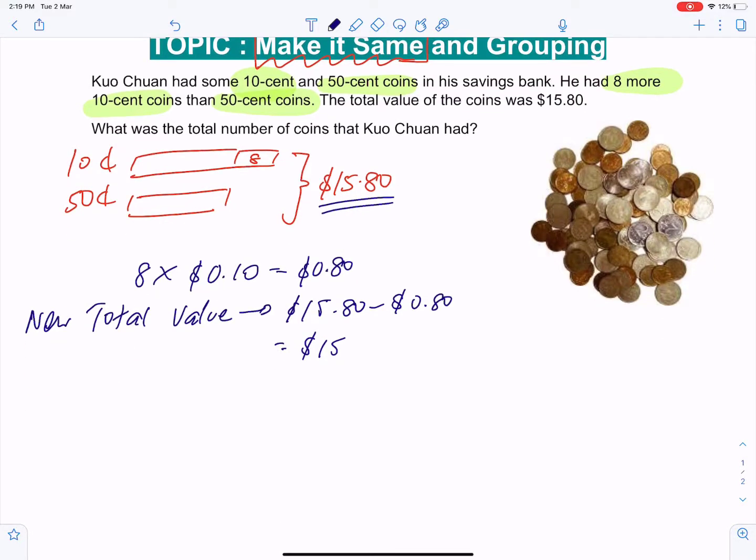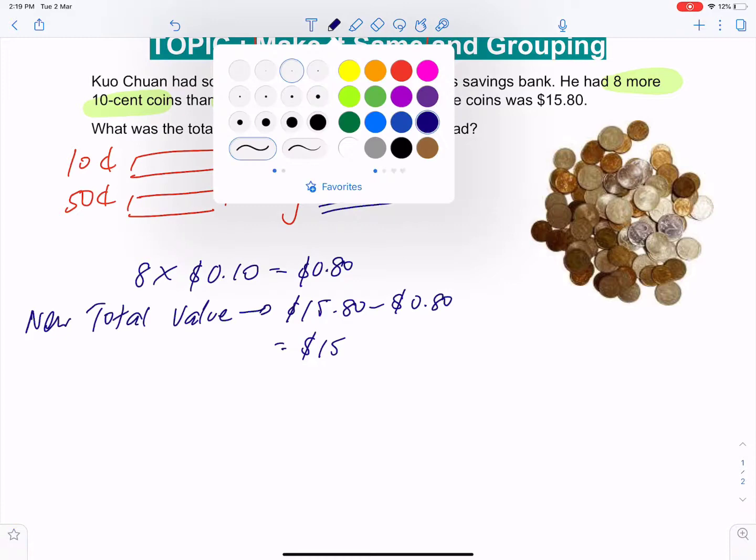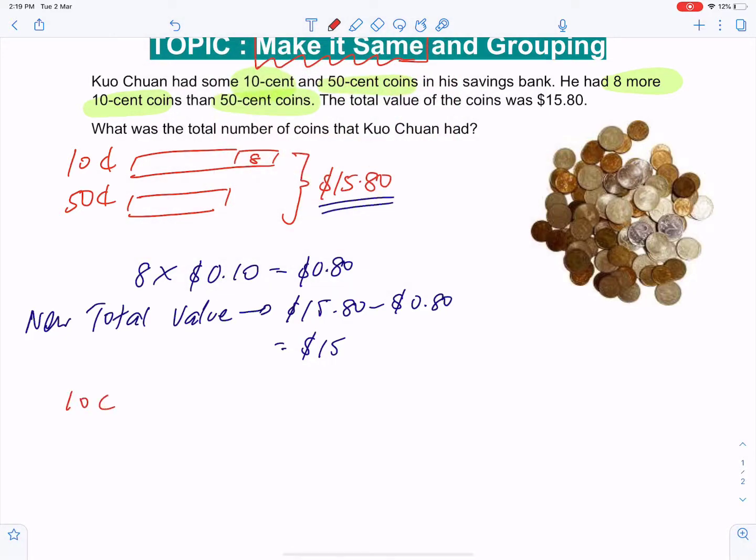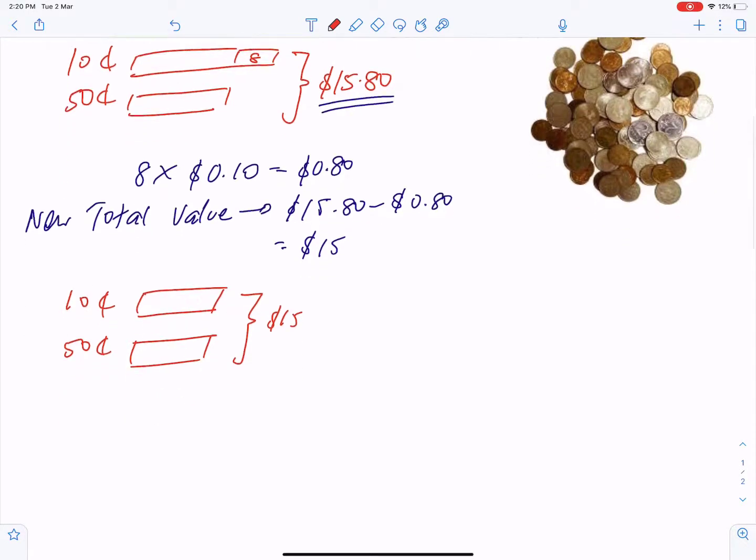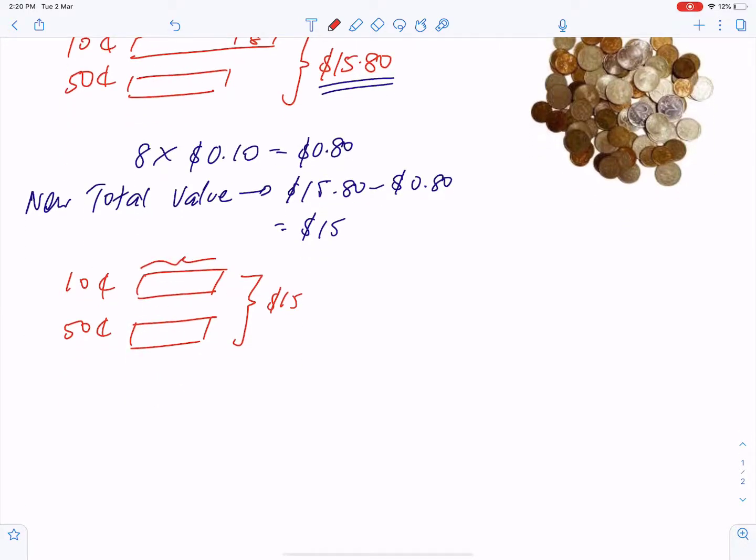So if I were to draw another model, 10 cents, 50 cents, if I want them to be exactly the same, then the total value will be $15 instead. Exactly the same means over here is 1 unit of 10-cent coins, and over here is also 1 unit of 50-cent coins.